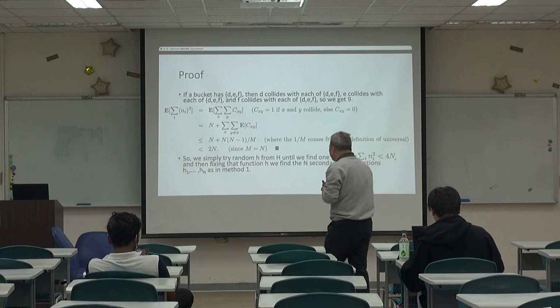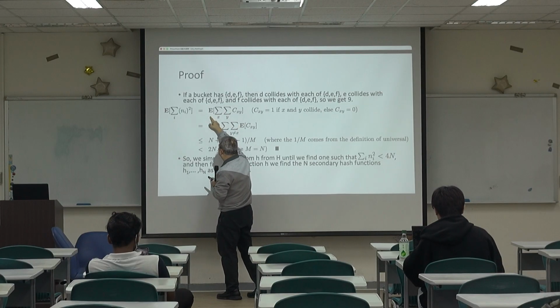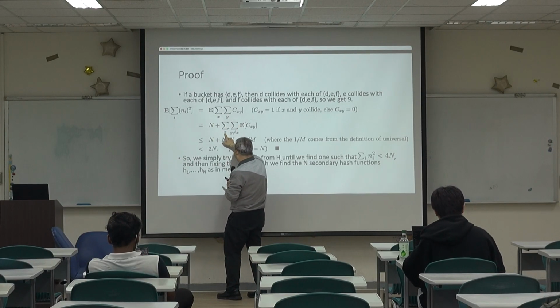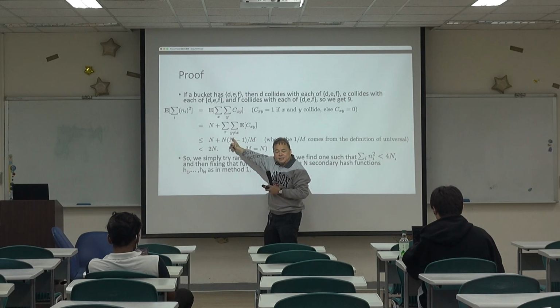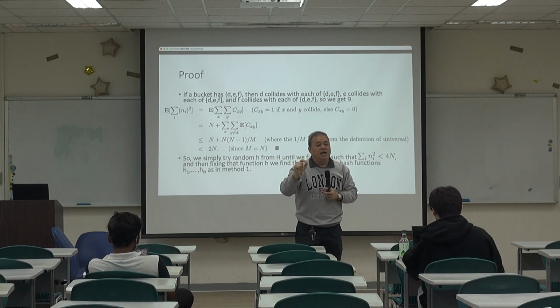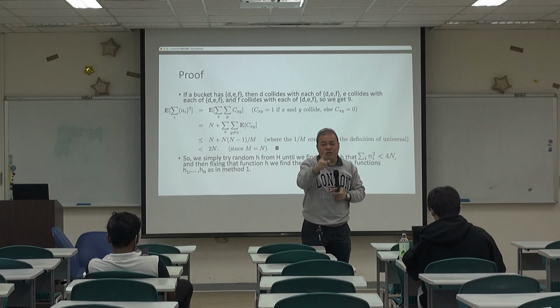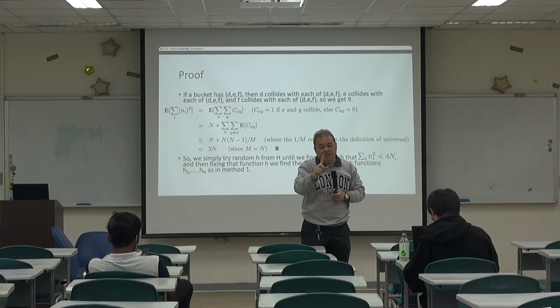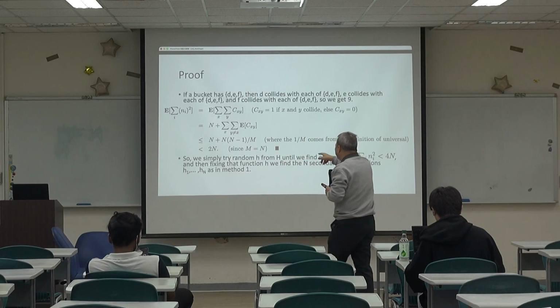Okay, so then this expected value is going to be n plus the summation over x, summation over y not equal to x, of expected cxy. Why do we do that? Because remember, I just told you, we consider x must collide with x, right? The element will collide with itself, right? So for every element that will collide with itself, you get rid of that.